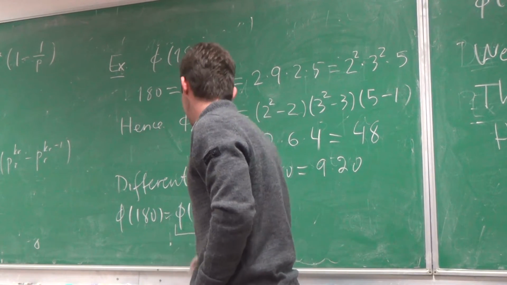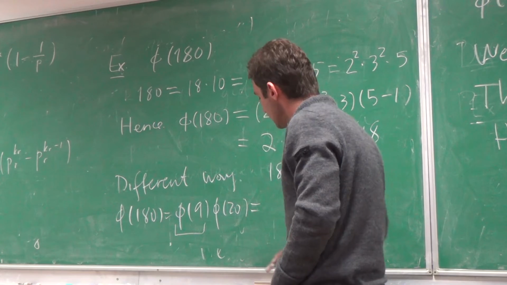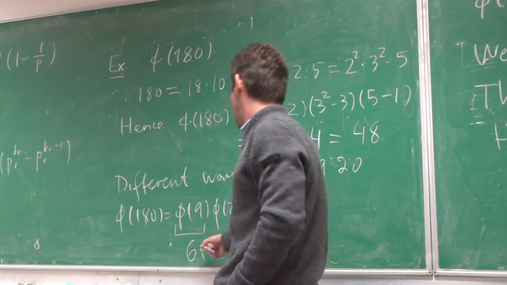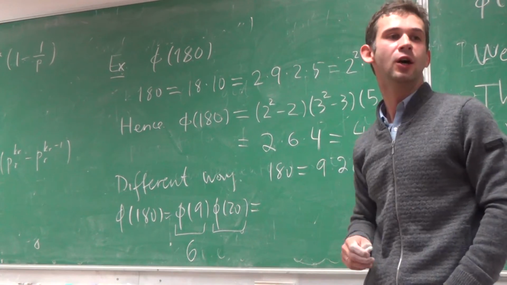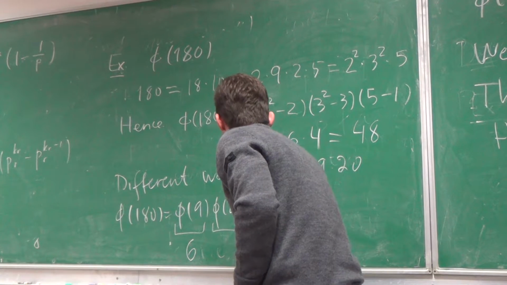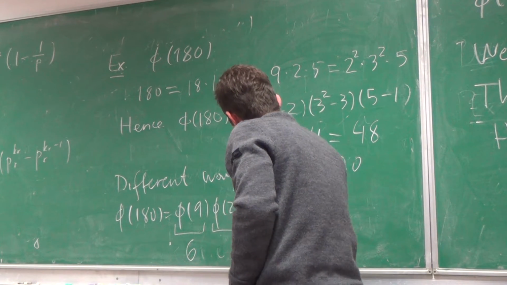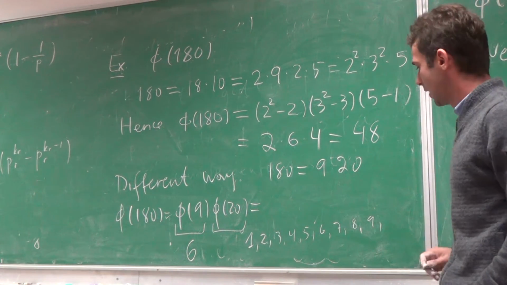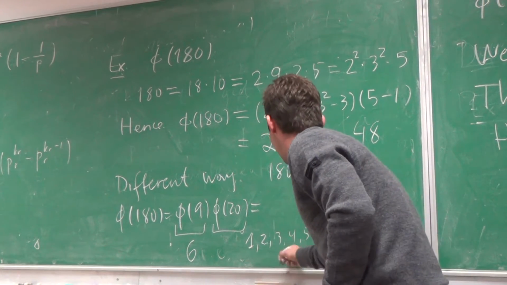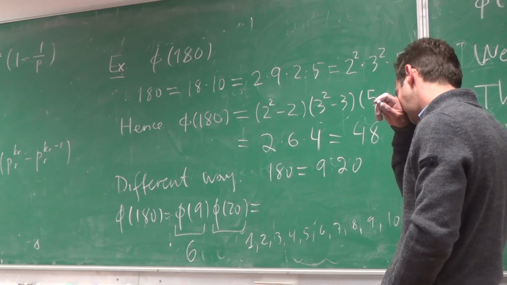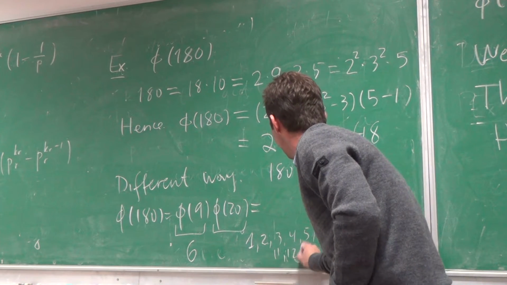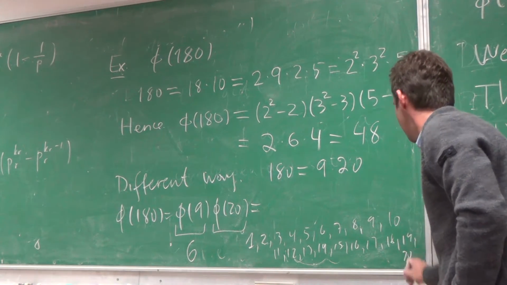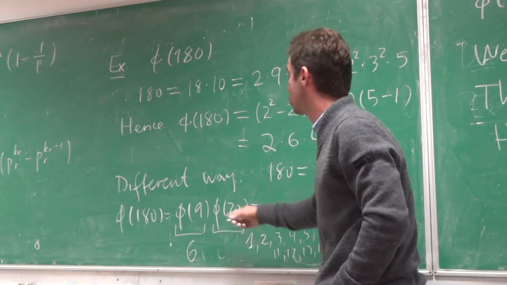So phi of 9, according to the formula, is 6. We already had this. And maybe phi of 20. Okay, let's show off and just list all of them. 1, 2, 3, 4, 5, 6, 7, 8, 9, 10, 11, 12, 13, 14, 15, 16, 17, 18, 19, and 20. And I cross out the ones which have divisors 2 or 5.